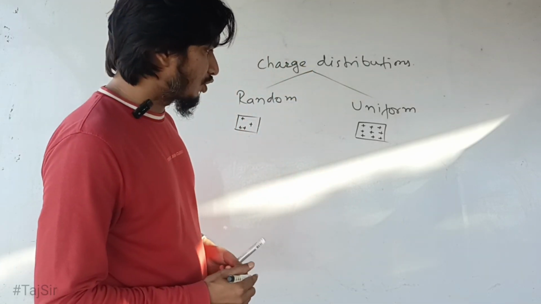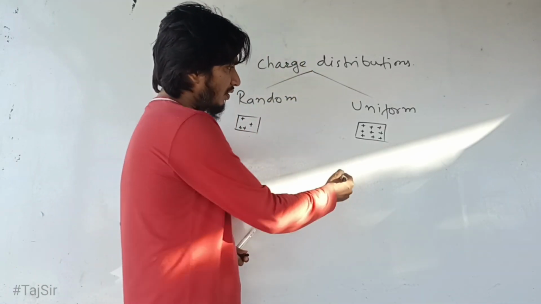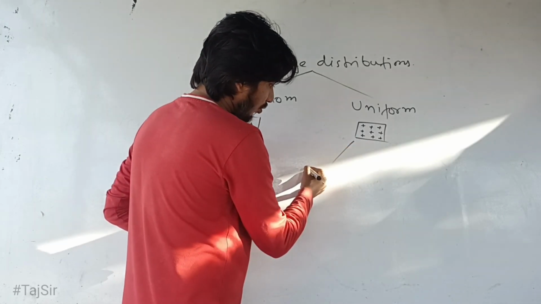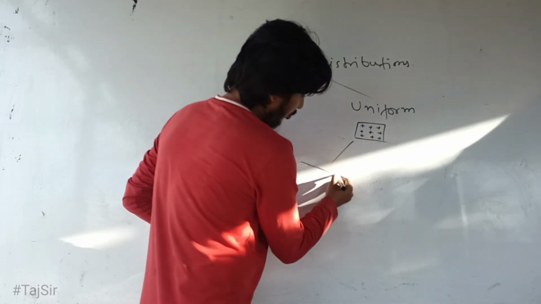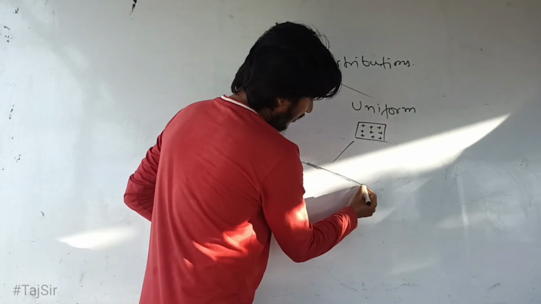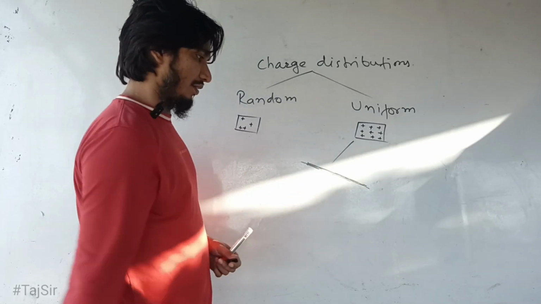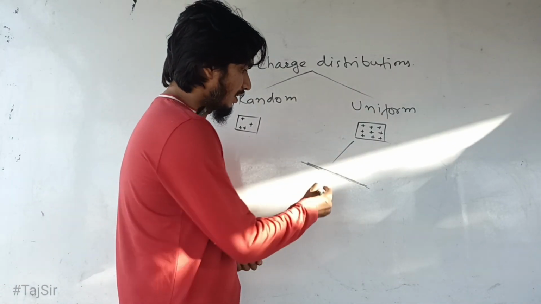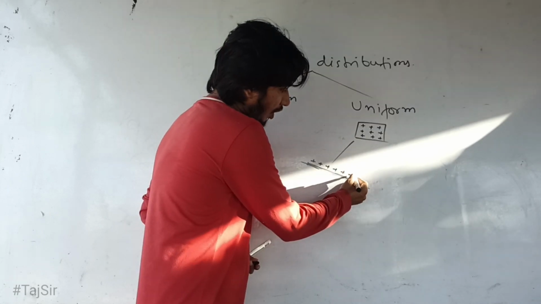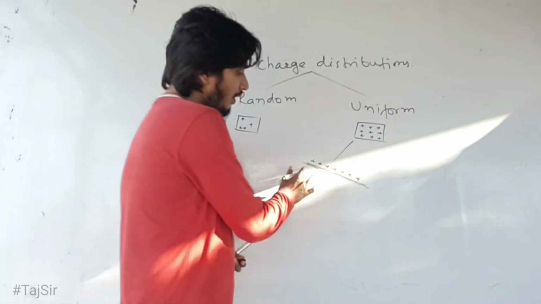This uniform charge distribution could be further subcategorized into three categories. One is known as linear charge distribution. What it means is that there is a thin line, and in this line there is charge distributed throughout the length.